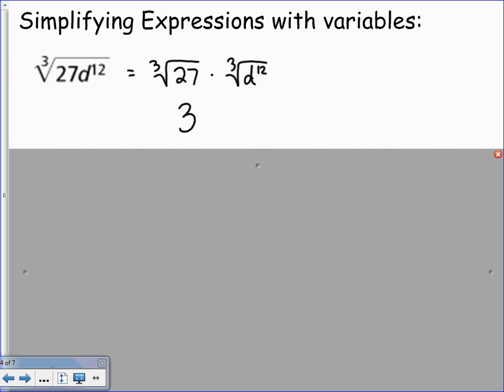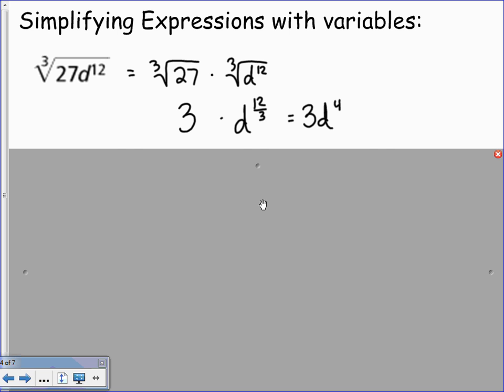In the fraction exponent, the root is always where? In the denominator. So we would have times d to the 12 divided by 3, because the root is in the denominator. And then what's 12 divided by 3? 4. So our final answer could just be 3d to the fourth.